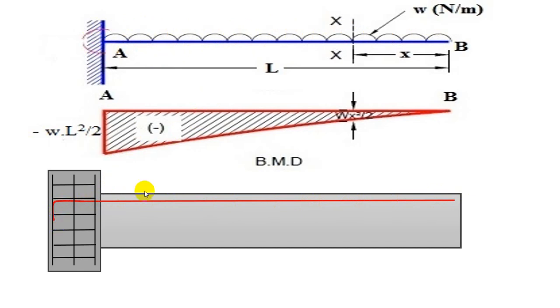So the question is, will we only provide reinforcement in the top? No, that's not the case. We will also provide reinforcement in the bottom, although there is no actual requirement for reinforcement in the bottom.